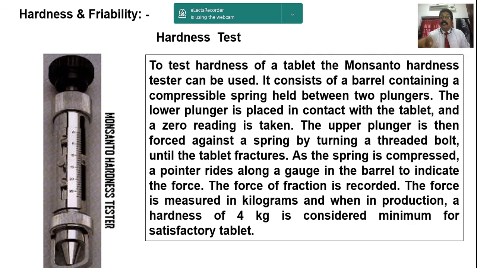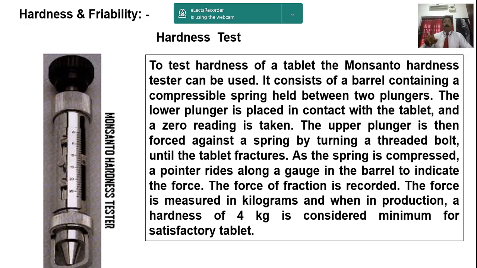See here, that is what I have written in this slide. It contains a barrel containing a compressible spring held in between two plungers. In between you have to keep the tablet. The lower plunger is placed in contact with the tablet, and a zero reading is taken. It should be kept at zero.